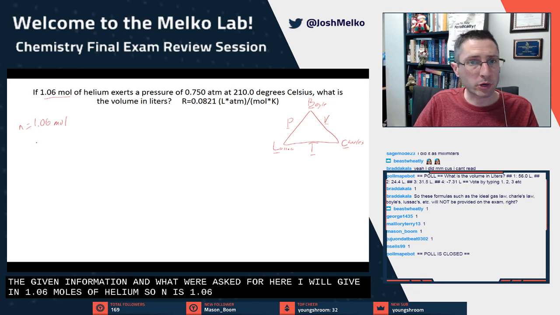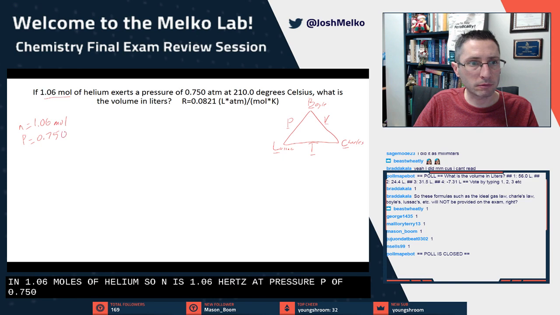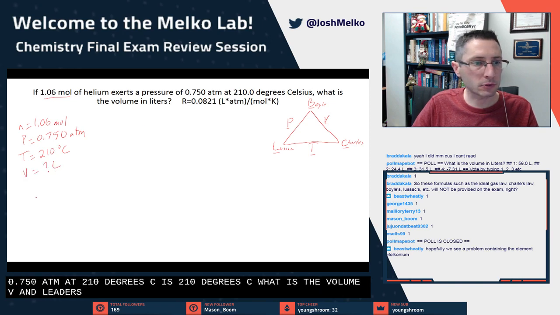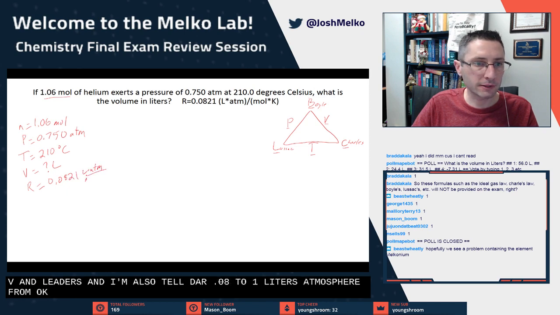That helium exerts a pressure P of 0.750 atm at 210 degrees Celsius, so T is 210 degrees C. What is the volume, V, in liters? And I'm also told R is 0.0821 liters atmosphere per mole Kelvin.